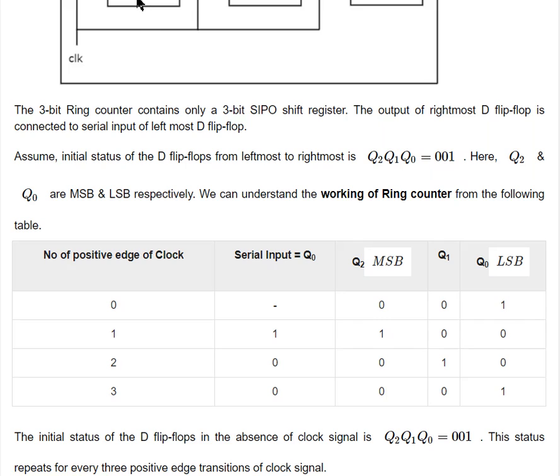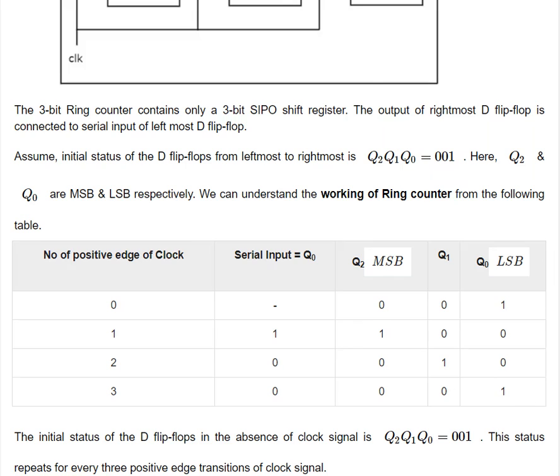As per the functioning of a D flip-flop, whatever input is given, that output will be generated. So this 1 is passed to the MSB side, and it becomes 1 0 0, because the two zeros are shifted. On the next clock cycle, 0 is applied here, so 0 1 0 is generated. Then 0 is applied here, so 0 0 1 is generated.